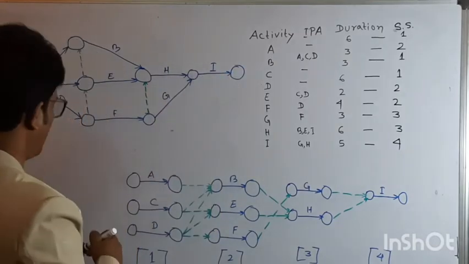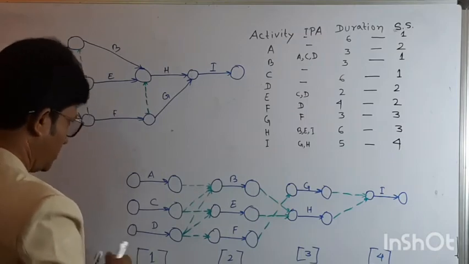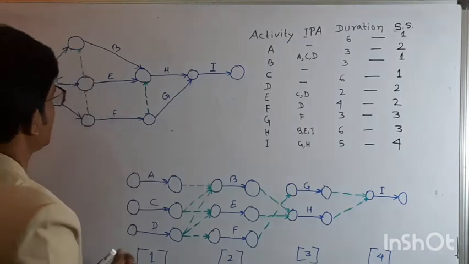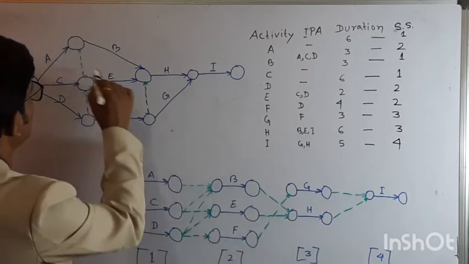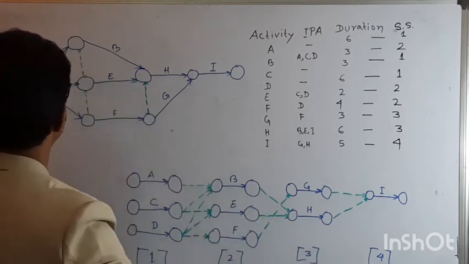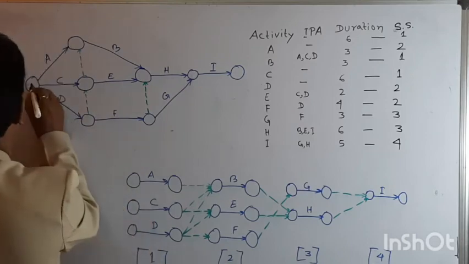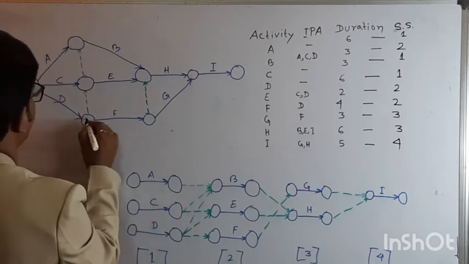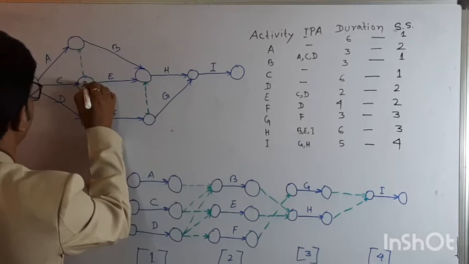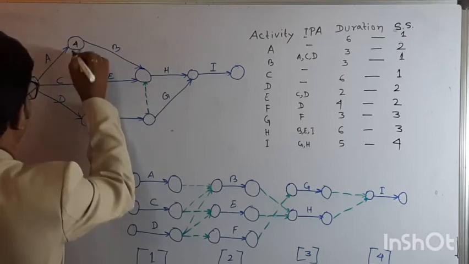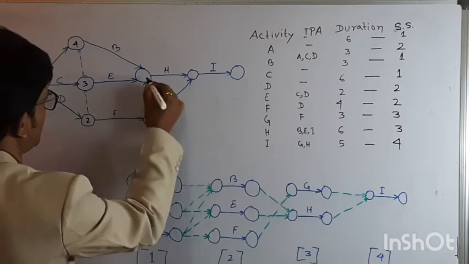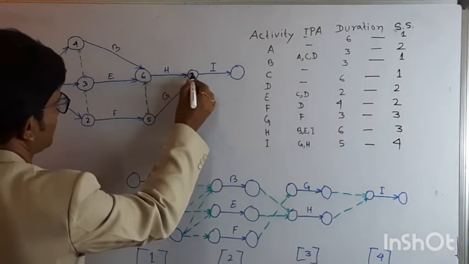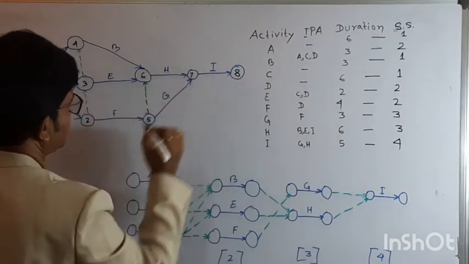Here we have minimized the number of dummies. We have used only 1, 2 and 3 dummies, and now let's number it. This will be 1, 2, 3, 4, 5, 6, 7 and 8.